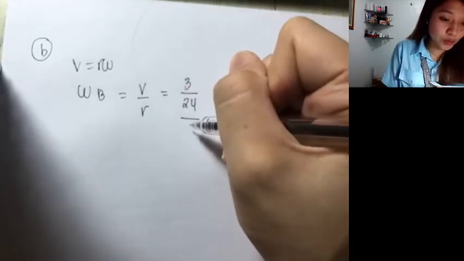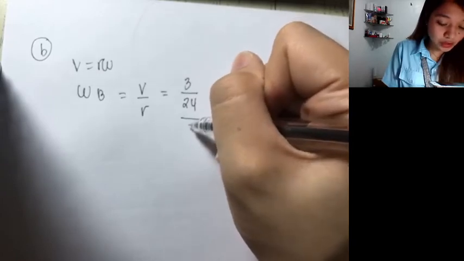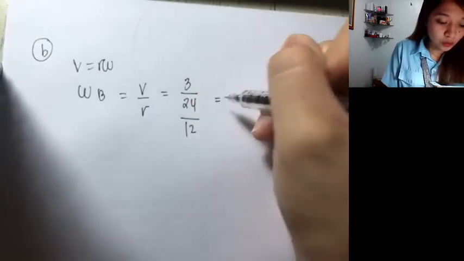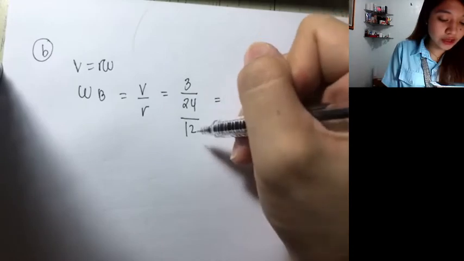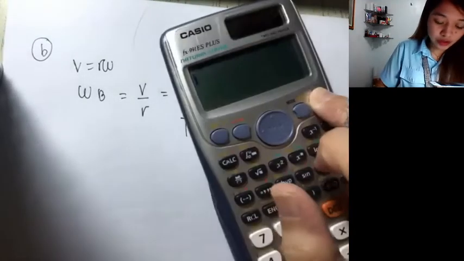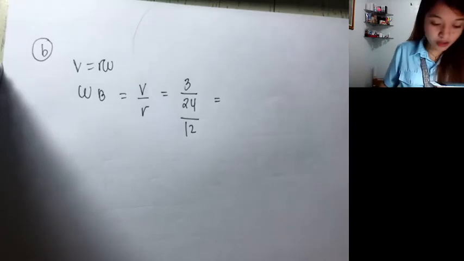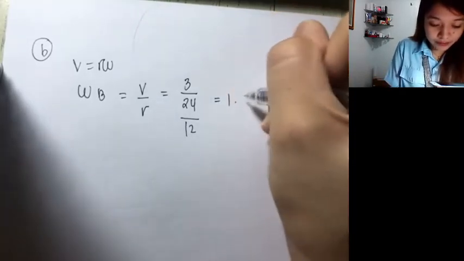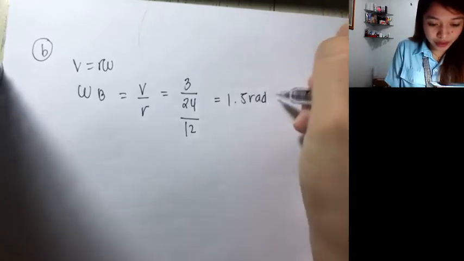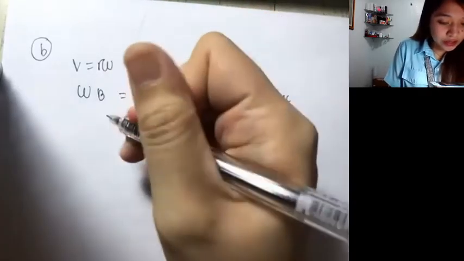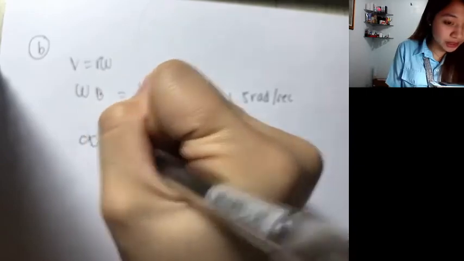Convert it to feet, so we have 24 divided by 12. Solve that: 3 over 2 is 1.5 rad per second.